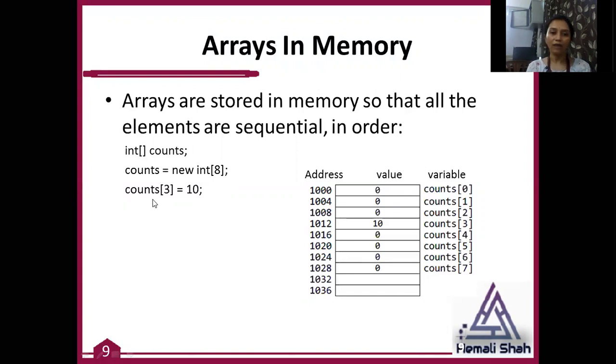And if you assign 10 at the third index, then your fourth element will become 10. So this is the assignment syntax. By using the indexing syntax, equals sign and value, you can assign a new value inside your array also. So this is the basic memory structure which is allocated to the array elements.